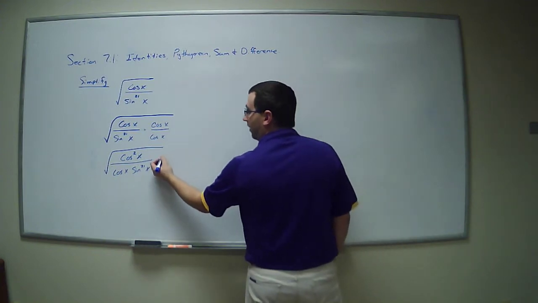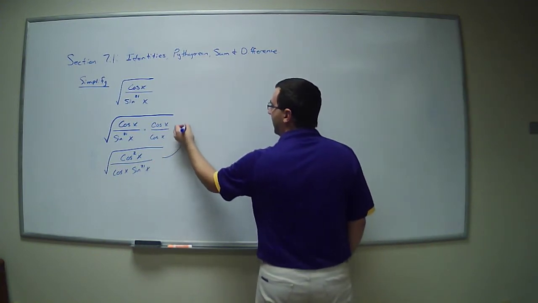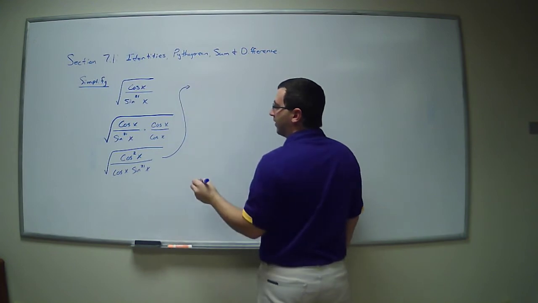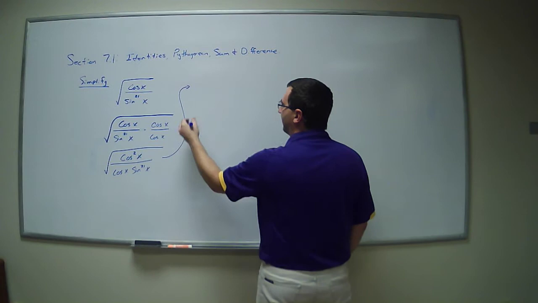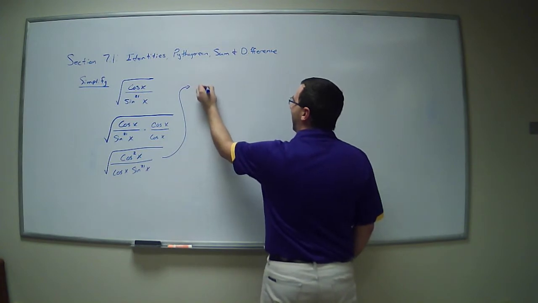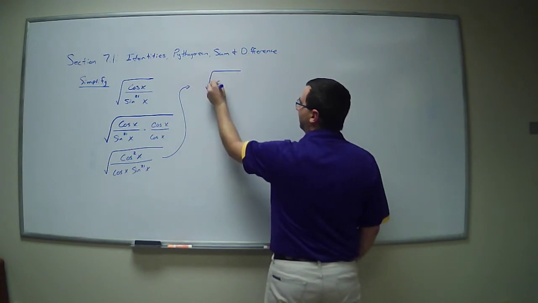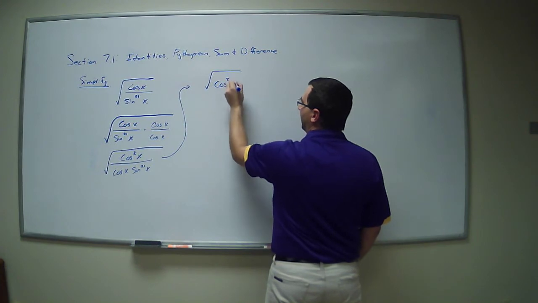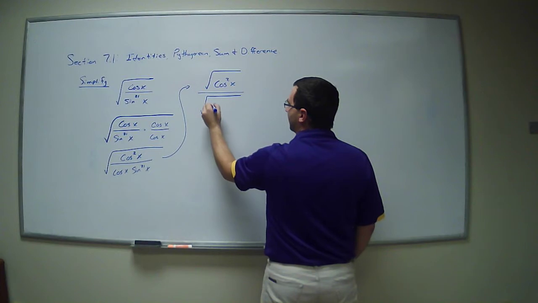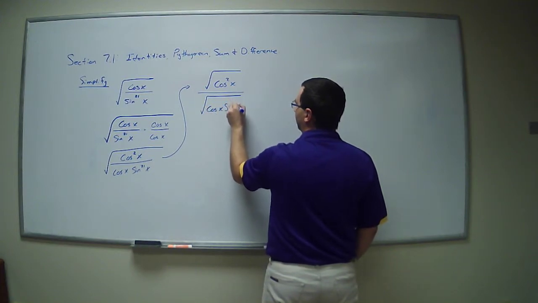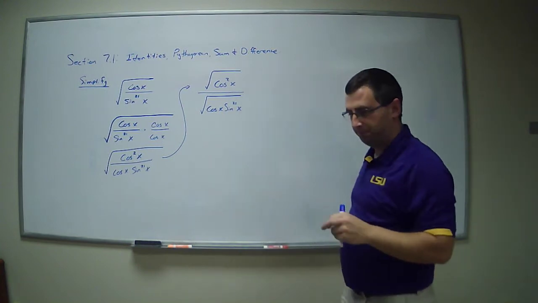So I'm going to draw some arrows just so you can follow the process. The square root of this whole fraction right here is the same thing as the square root of the top stuff divided by the square root of the bottom stuff.